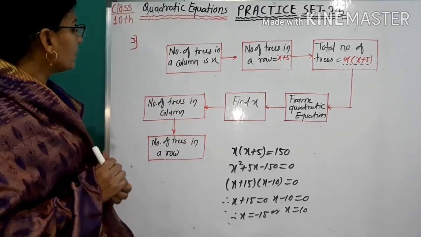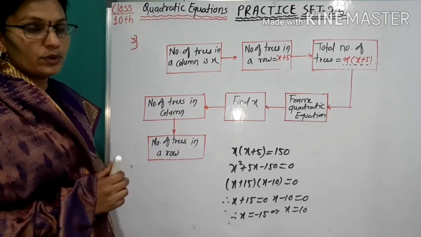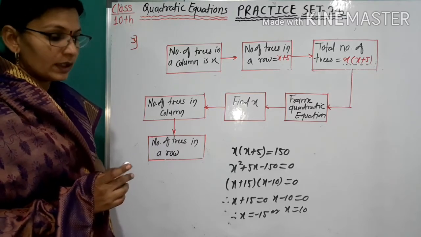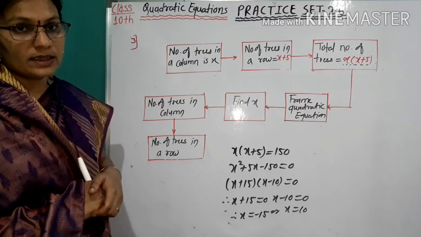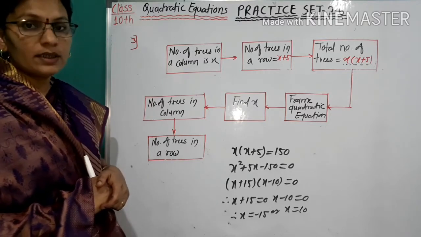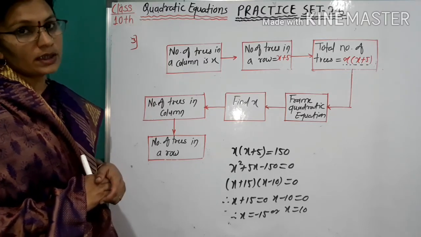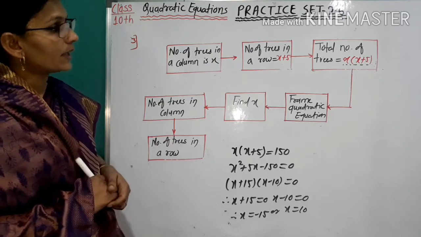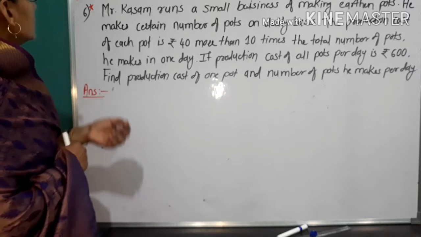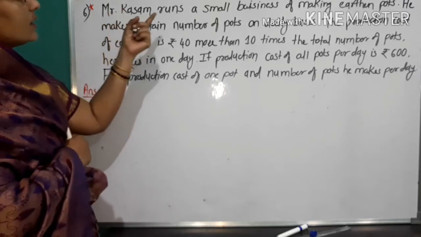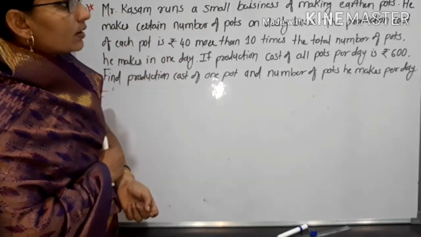Then solve examples number 4 and 5 yourself. There are some star questions in this practice set 2.6. Let us solve them one by one, which are very important examples in this practice set. Question number 6. Mr. Kasam runs a small business of making earthen pots.